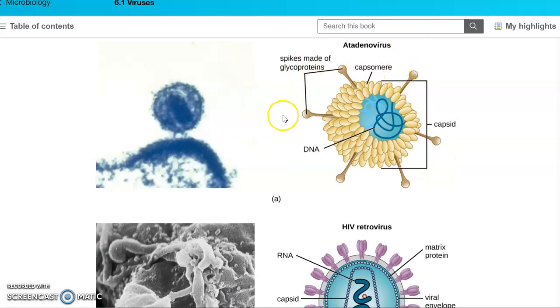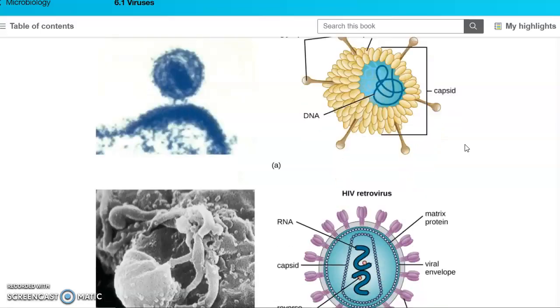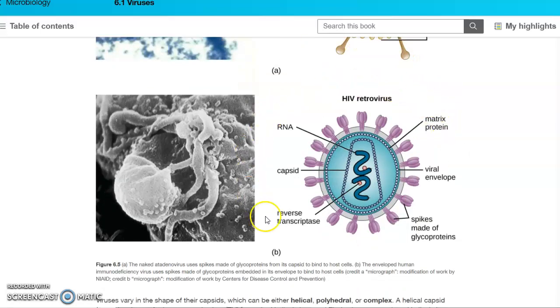So here we have a naked virus. We have the DNA here in the middle. We have the capsid on the outside. Then we have these little spikes that are sticking out. These are typically made of glycoproteins, which are proteins that have some type of sugar or carbohydrate attached to them. Here is an example of an enveloped virus where we see our genetic material here in the middle.